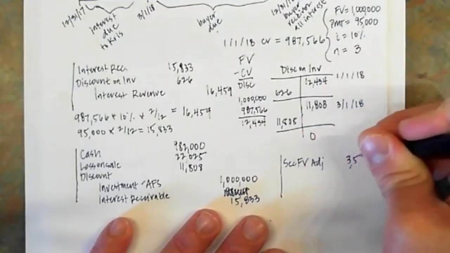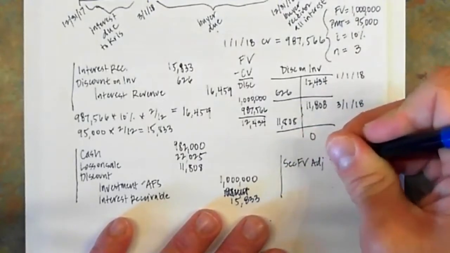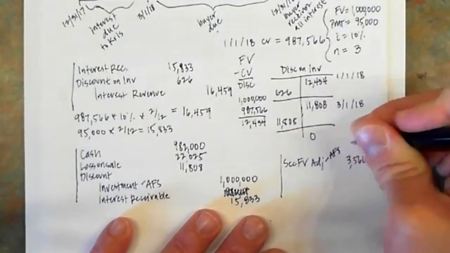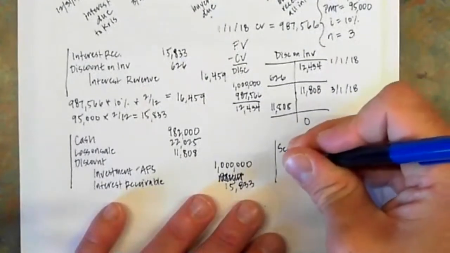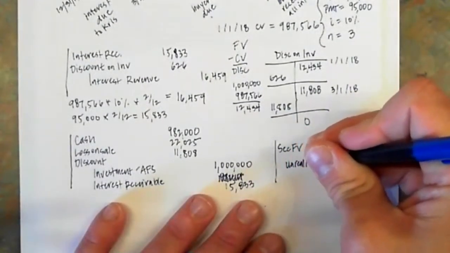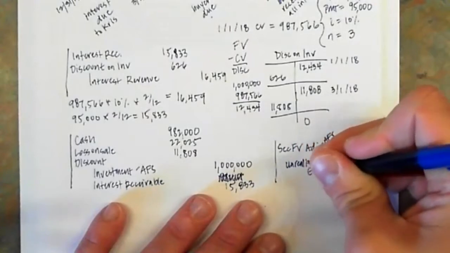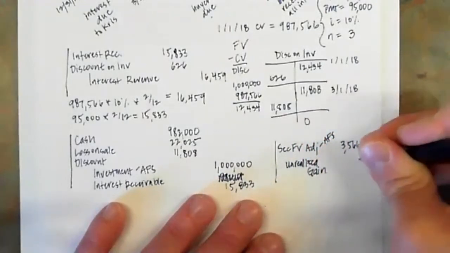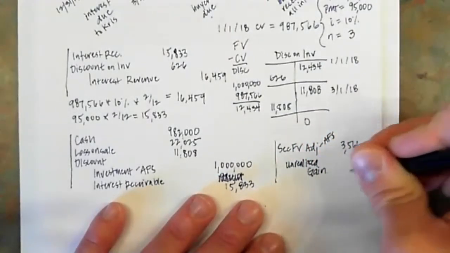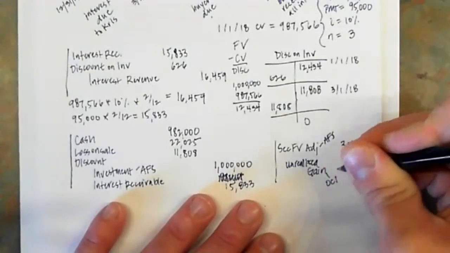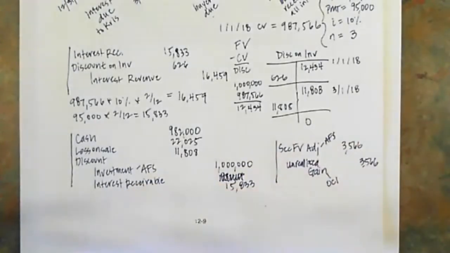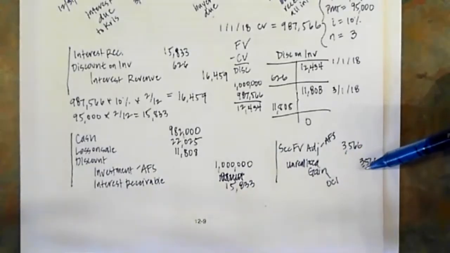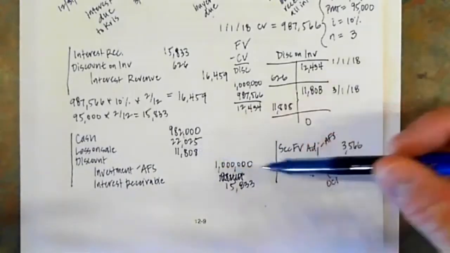We recognize a debit here to my AFS security fair value adjustment, and that debit correlates to an unrealized gain of the same amount that will flow through OCI. Now you might say, why am I doing that? This doesn't make any sense that I would recognize a gain when I had a loss on sale.